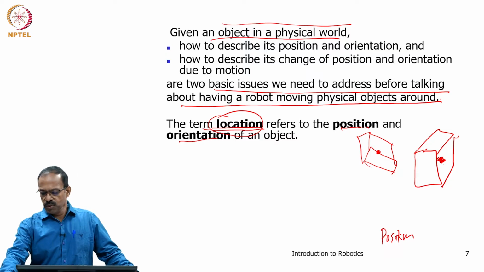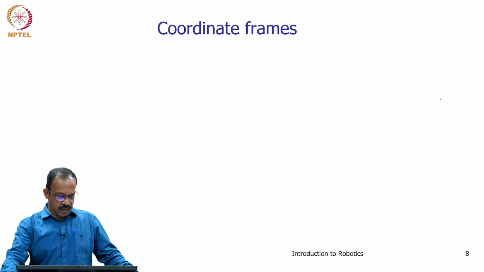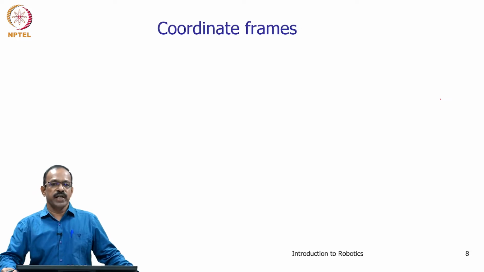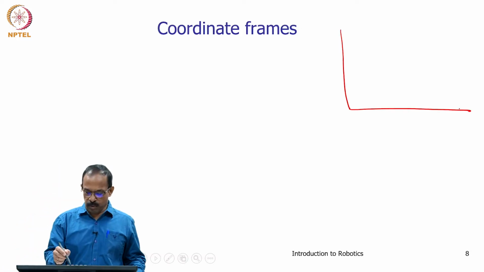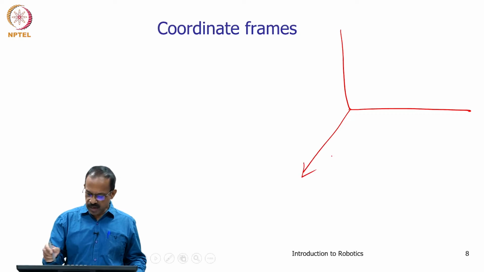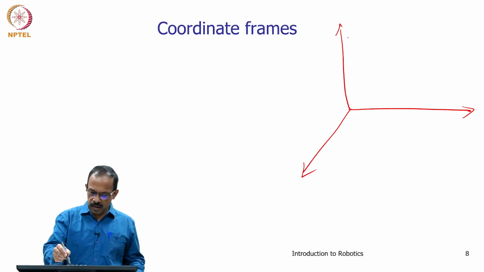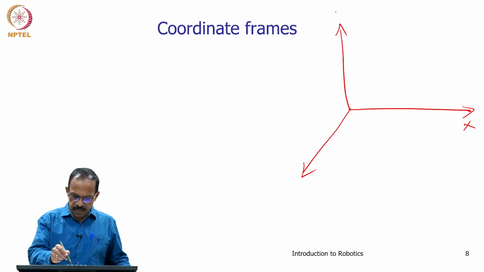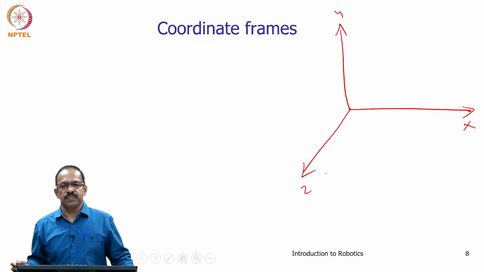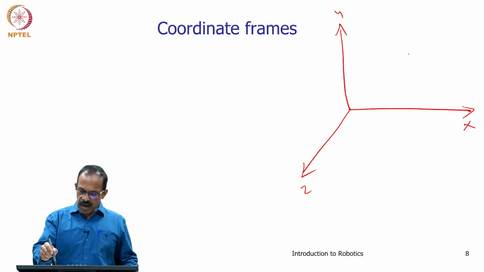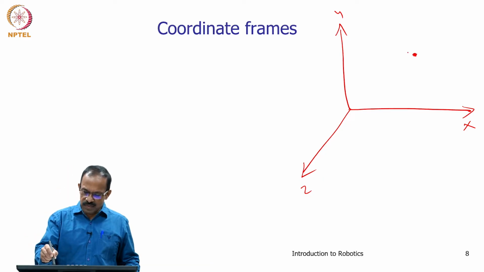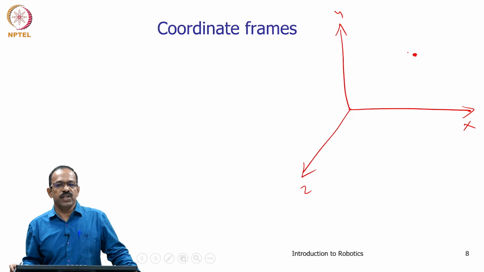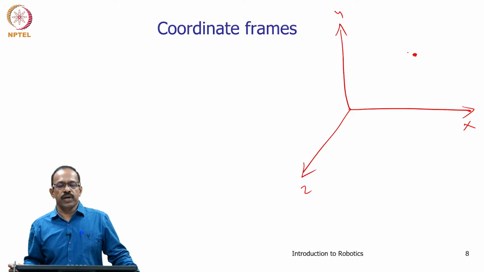So, what we will do is look at something called coordinate frames, using the coordinates of a point. Suppose you have a 3-dimensional coordinate frame like this, where we write the axes as x, y and z. If you have a point in space, I can represent this point using its coordinates.